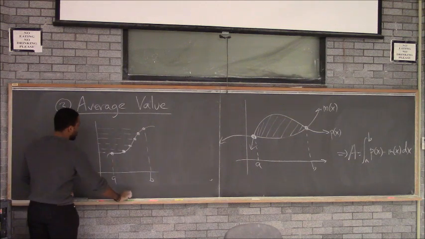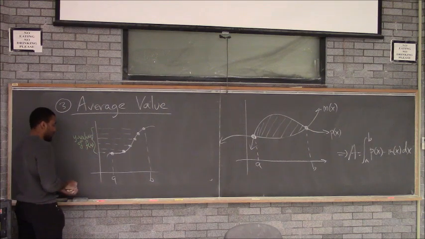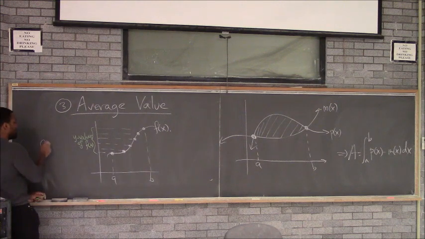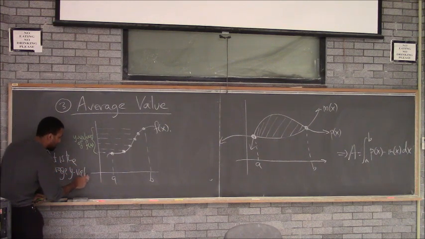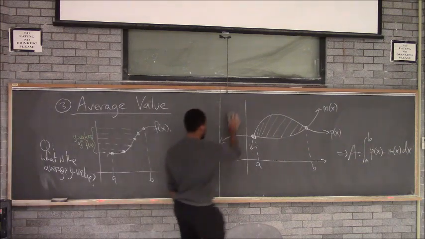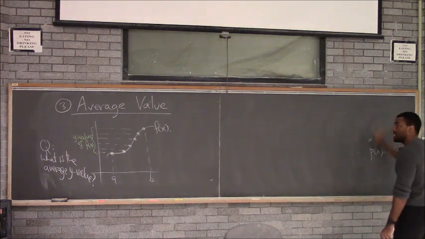And so you can get a bunch of y values here. Let's call this guy f of x. And now the question would be, what is the average y value? Average in the sense of the mean average.